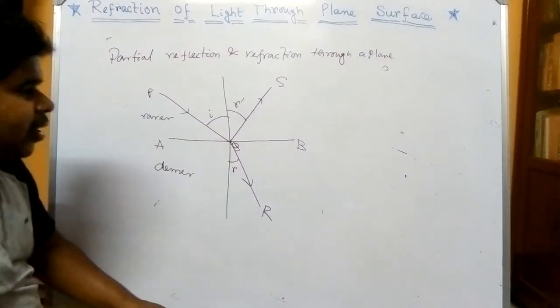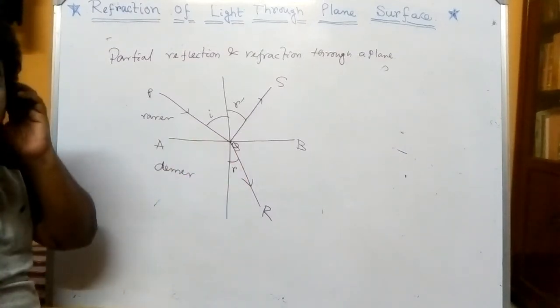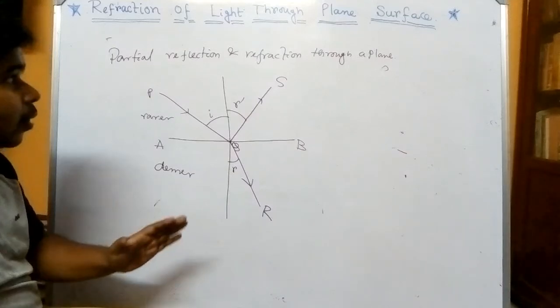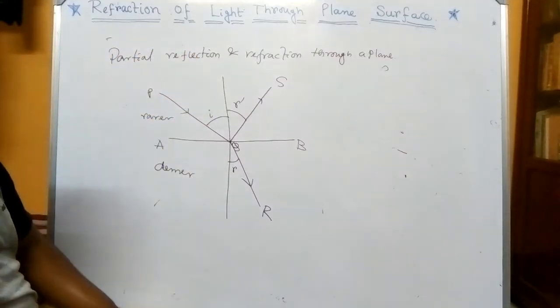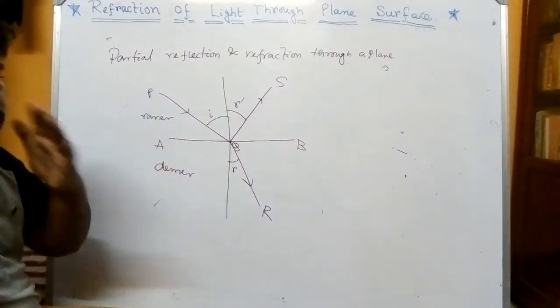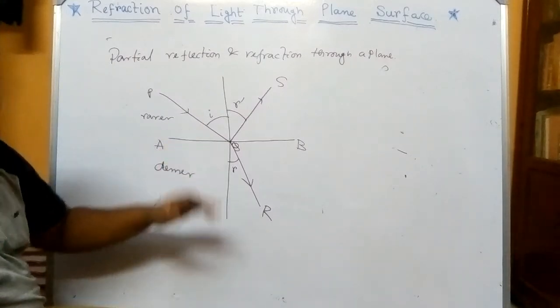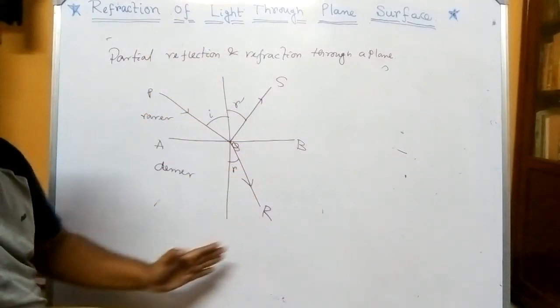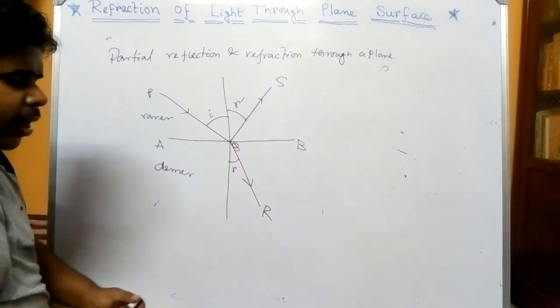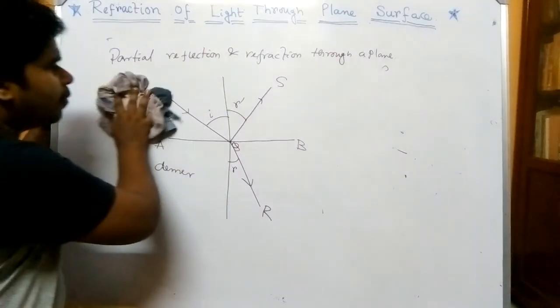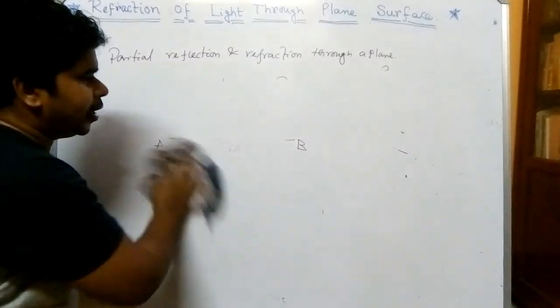So absorption is nothing but the refraction we have seen. So that is partial reflection and refraction. The same thing will happen if the light ray travels from denser to rarer medium. I have not shown that diagram here, but you all know what will happen because you have already done it earlier.